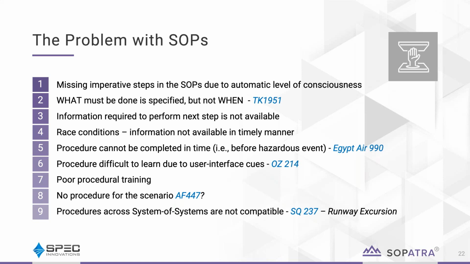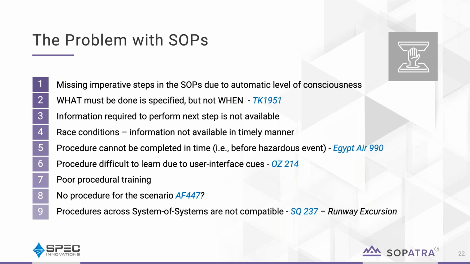By the way, if you want to look up these things on the side here, the TK 1951, that's a flight, and you take a look at these different flights and you see the problems that occurred with them, and these are examples of those having occurred. The information required to perform the next step is not available. Again, I've got to dig into long-term memory and figure out how to make that work.